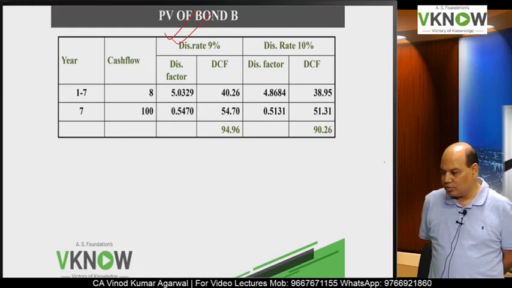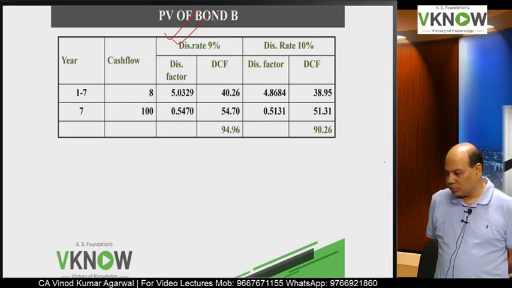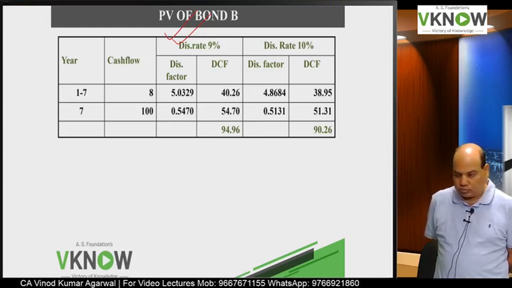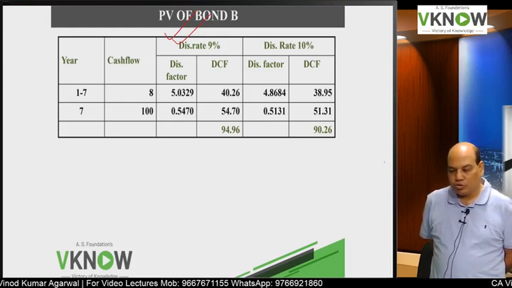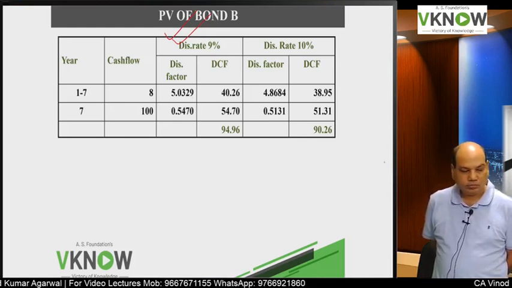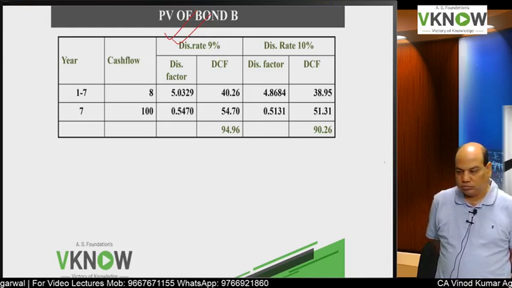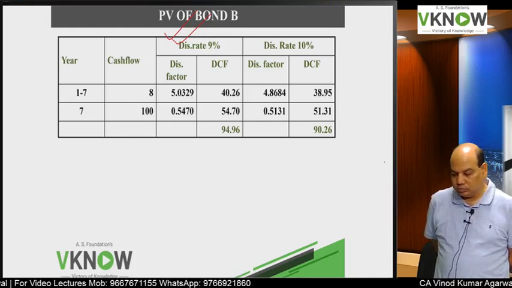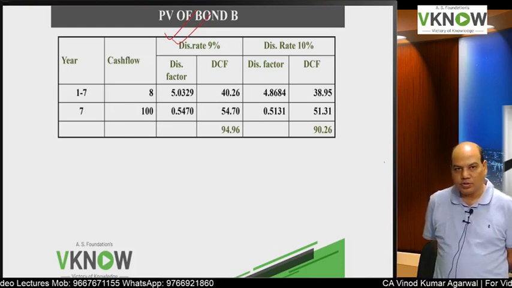Under that two columns, discounting factor, discounted cash flow. It's a 7-year problem now. So 1-7, cash flow is 8 rupees, 7th year cash flow is 100 rupees.